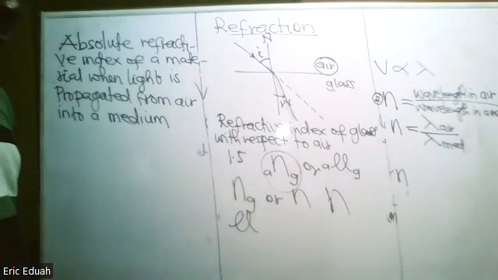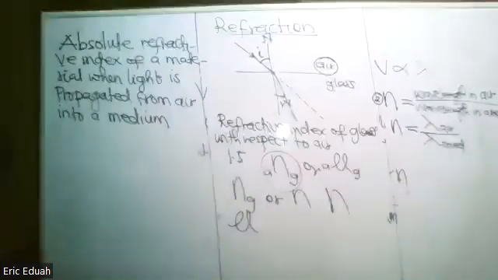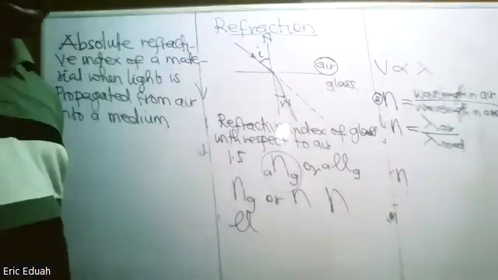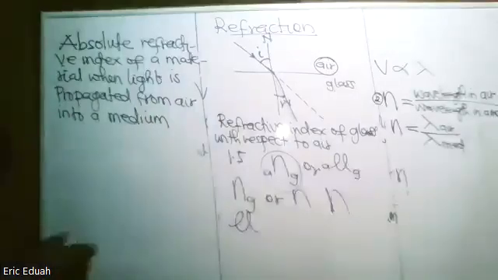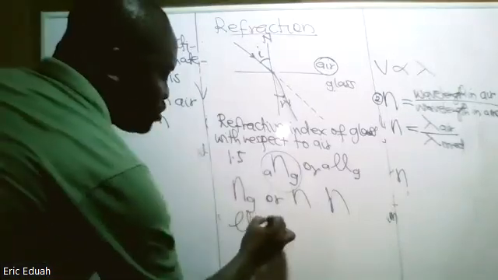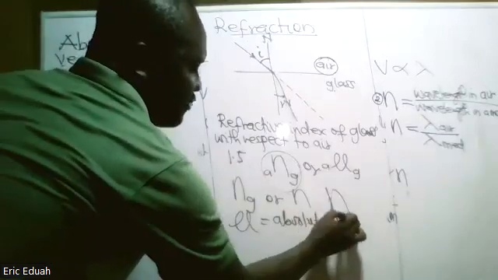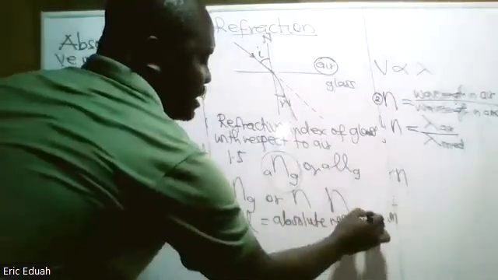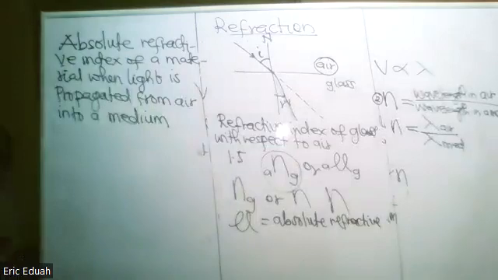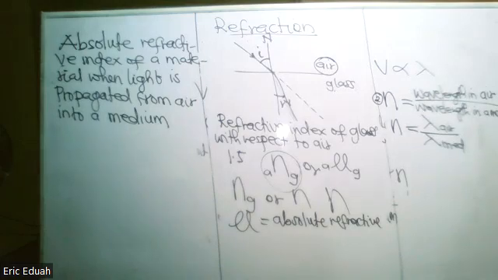Yes, I gave 1.5 as an example for the refractive index of glass. So if you see just n or mu, it represents the absolute refractive index of a material. So here, the first medium must be air.